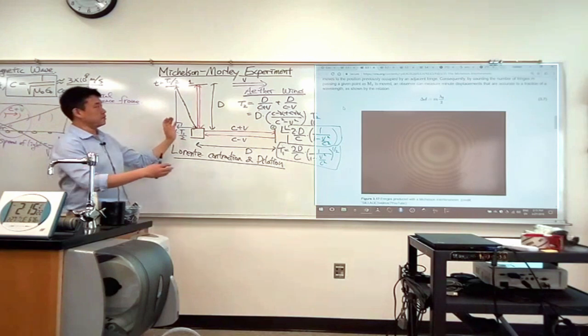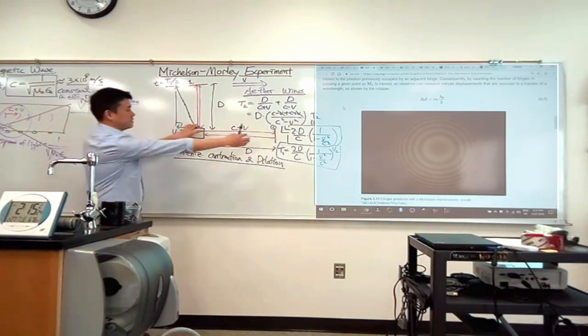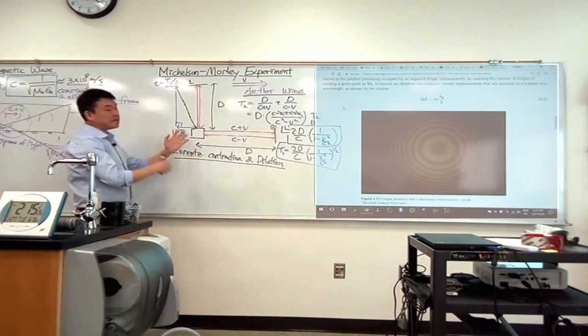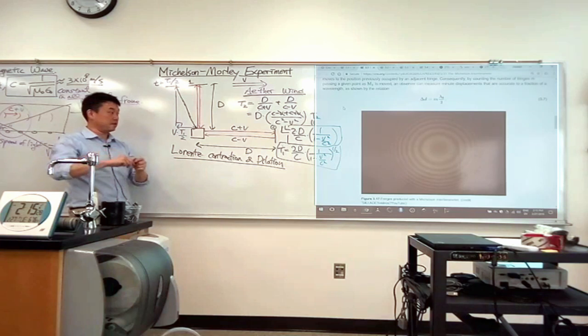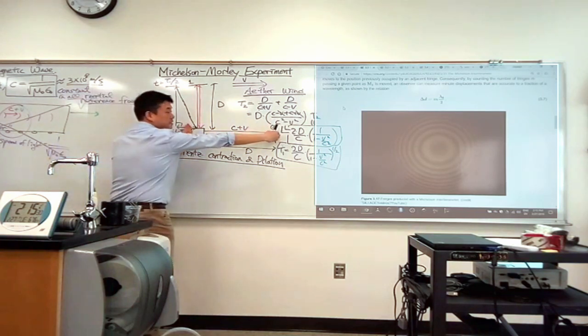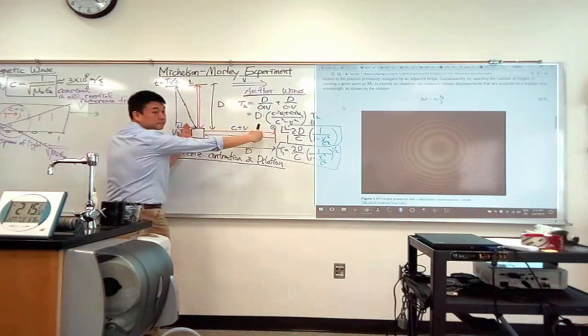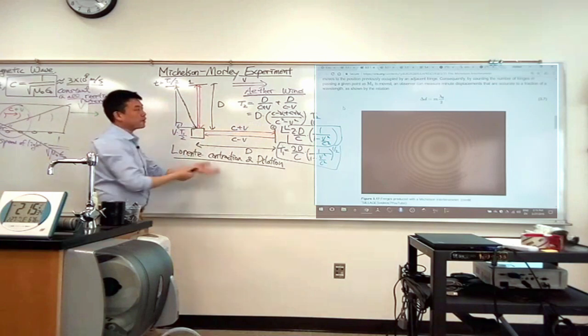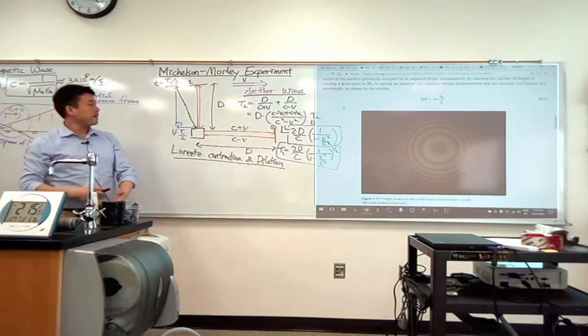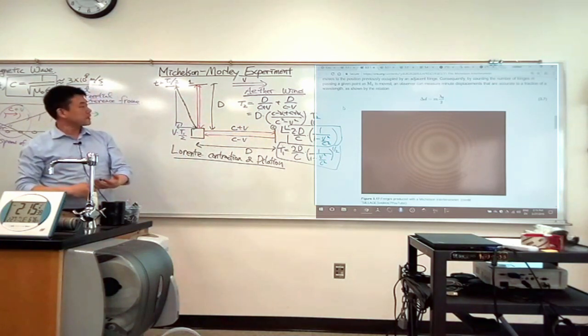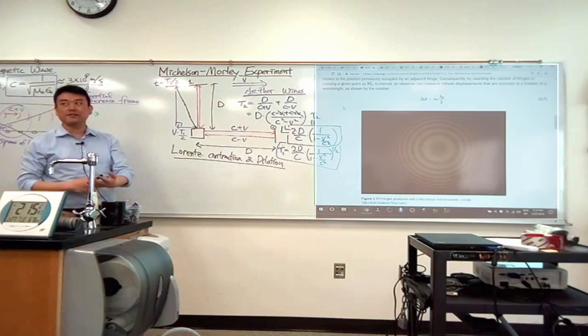So as this moves this way, the ether wind changes the length of this arm so that this arm gets shorter. And when he was working it out, he figured that the time also has to somehow change. I don't remember the details.